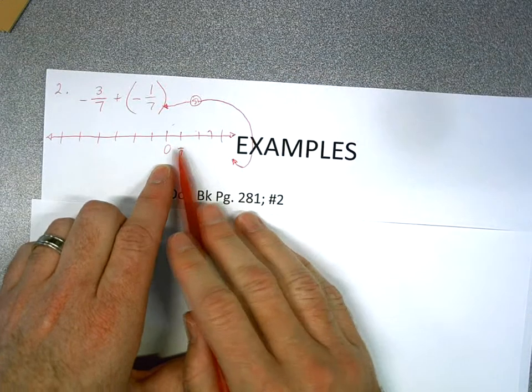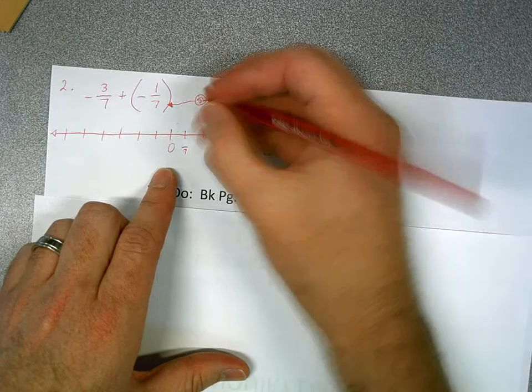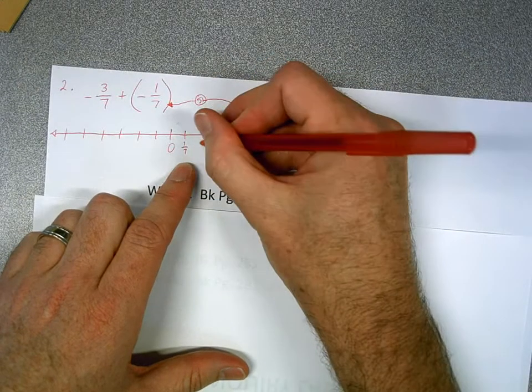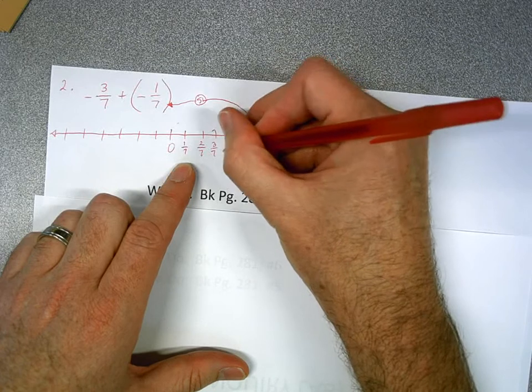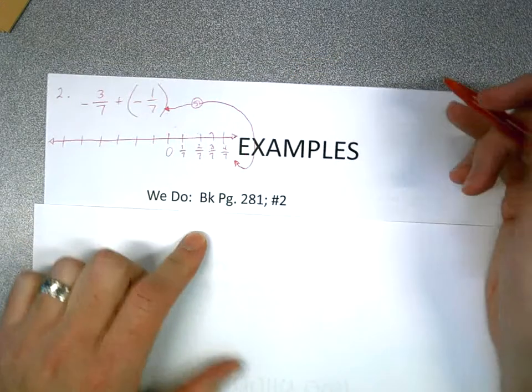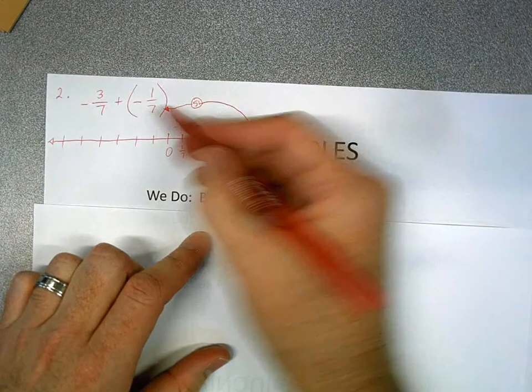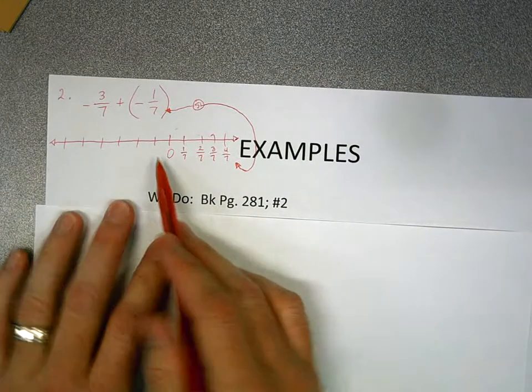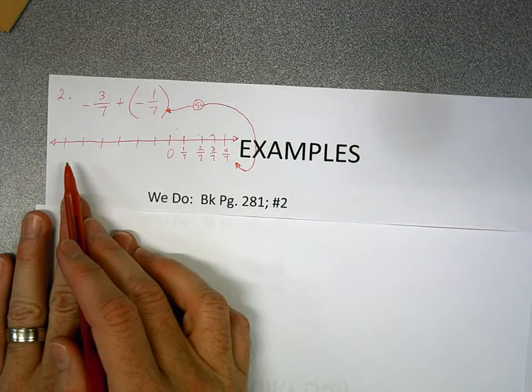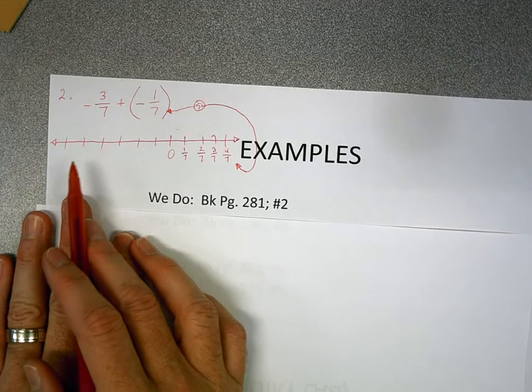Now, considering I'm going to start with going to the right of 0, I'm going to have 1/7, 2/7, 3/7, and 4/7. It's all 7s because that's what our problem is. Now, of course, we need to go to the negative side as well. So just remember, a little practicing dealing with negatives.